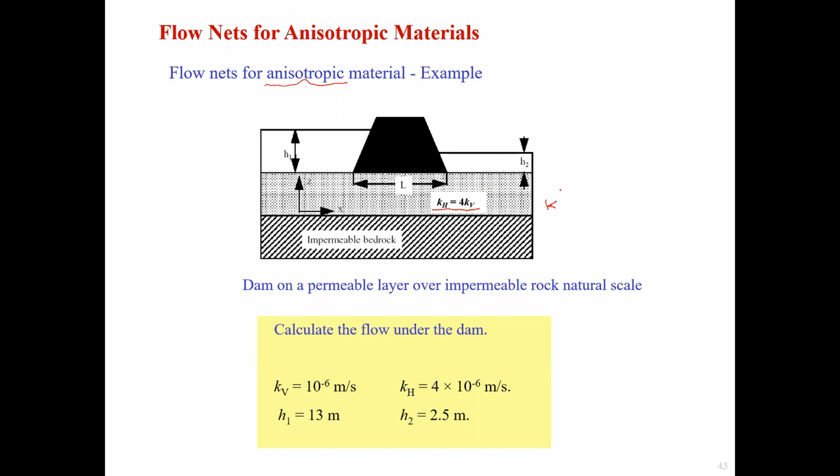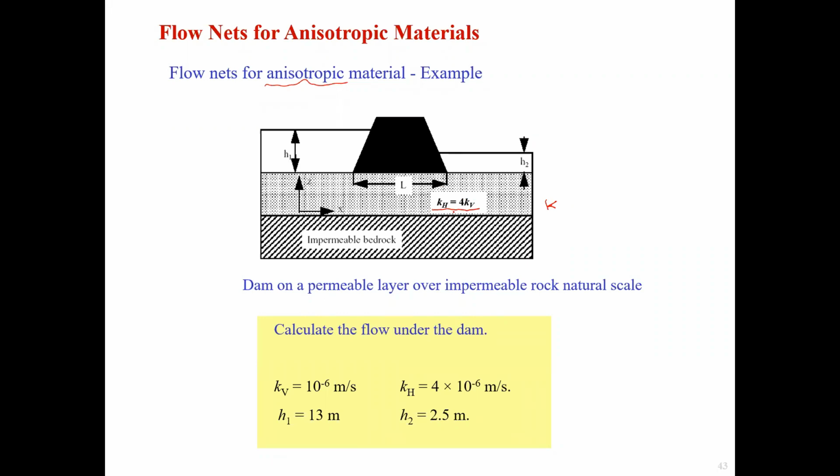That means KH and KV are the same, so we have only one value, and that's an isotropic soil. But from now on, we have an anisotropic soil. So you have to read the questions carefully. If KH and KV are different, then it is an anisotropic case, and you have to do the conversion first.